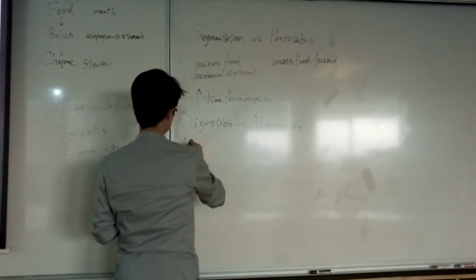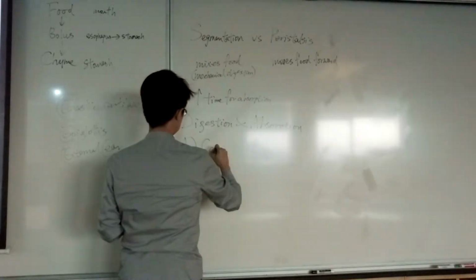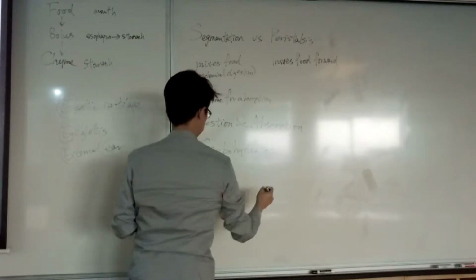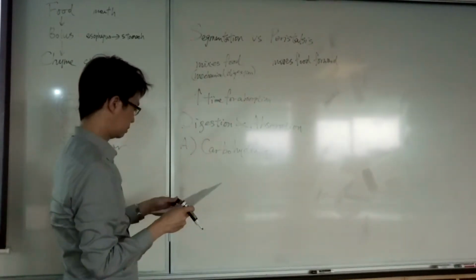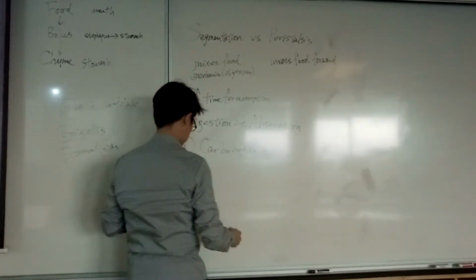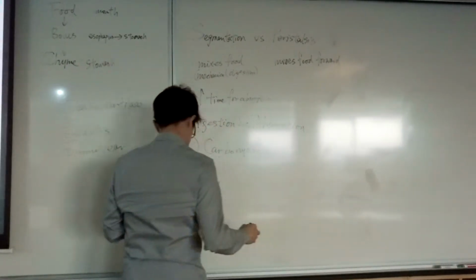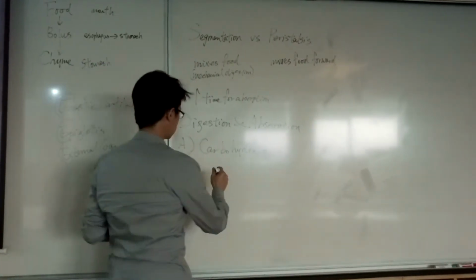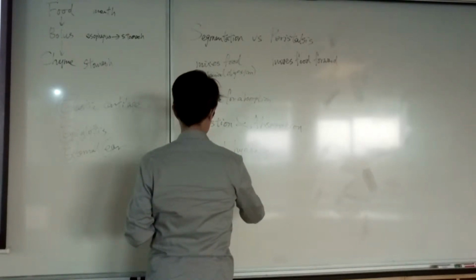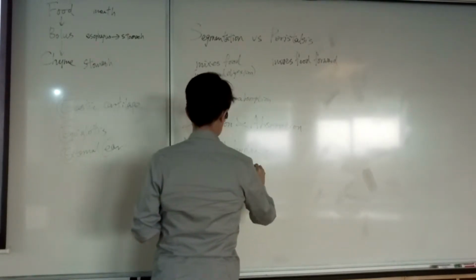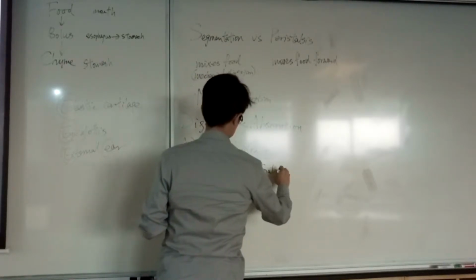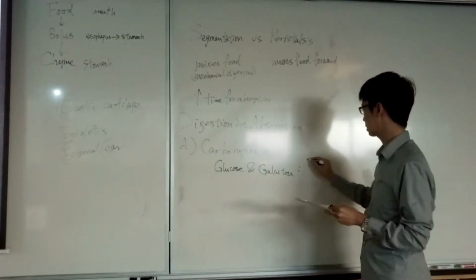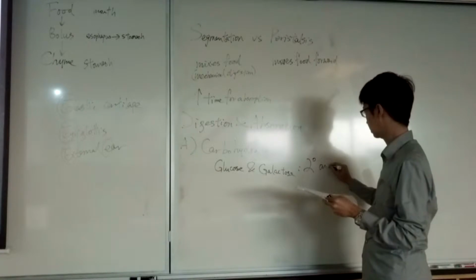Carbohydrate. For carbohydrate, we have glucose and galactose. We use secondary active transport.